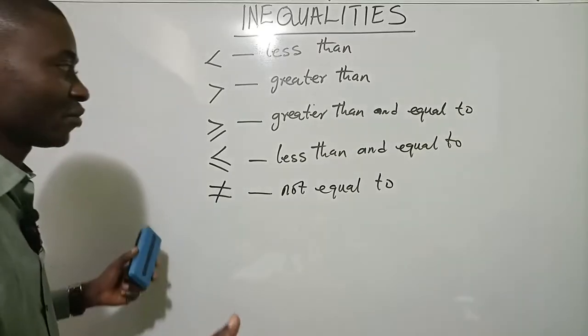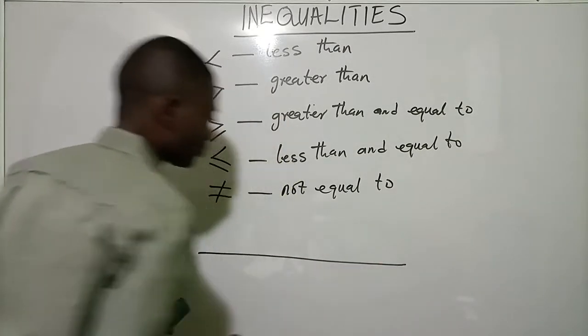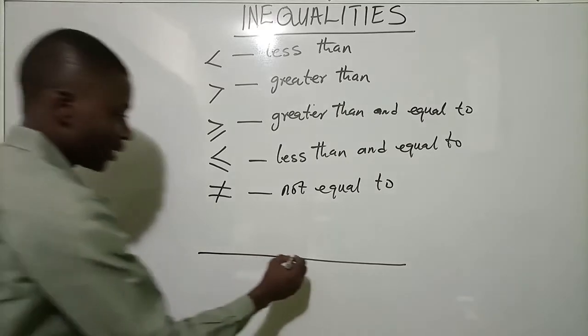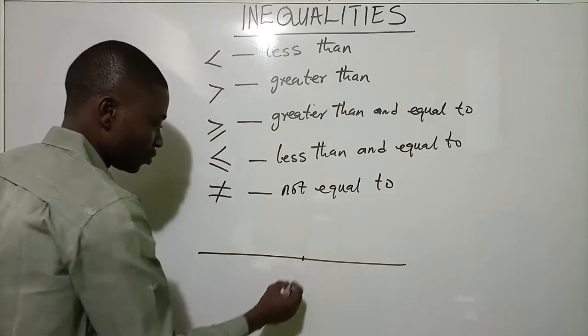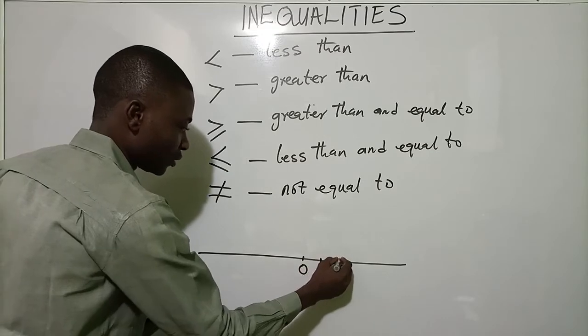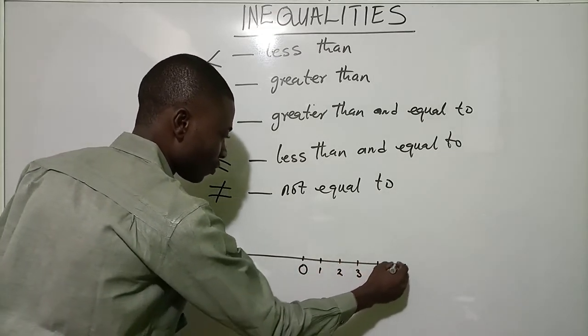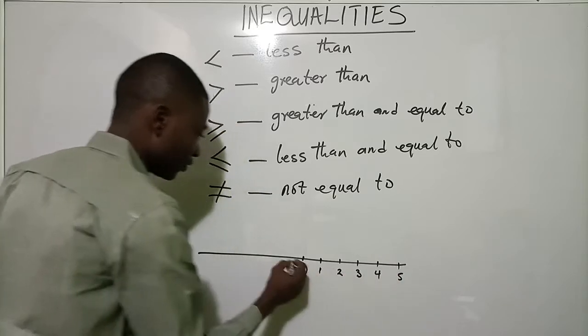For instance, you have a number line like this, and we have something in the middle. We have 0 here. Now we have, let's say, 1, 2, 3, 4, 5.